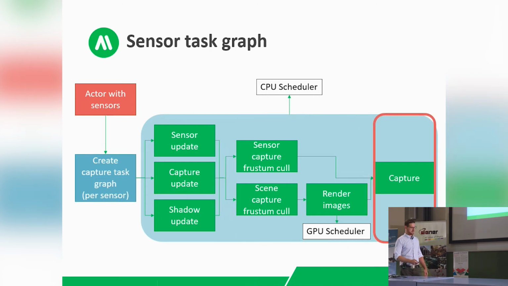And in the last phase, we process the captured data, and basically that's the sensor capture. So as you can see, this task graph basically defines our CPU scheduling, and this task graph will be given to our TBB-based CPU scheduler.